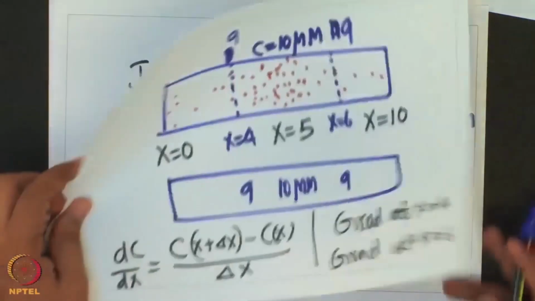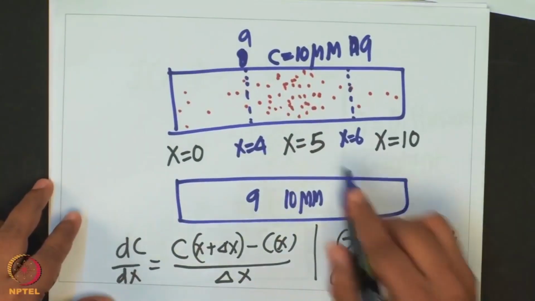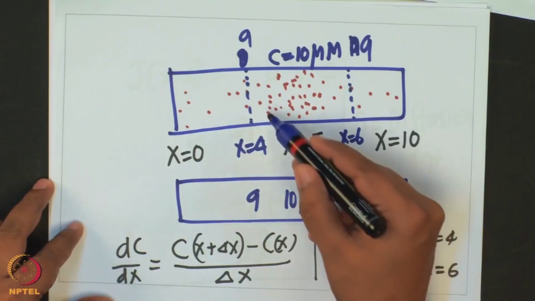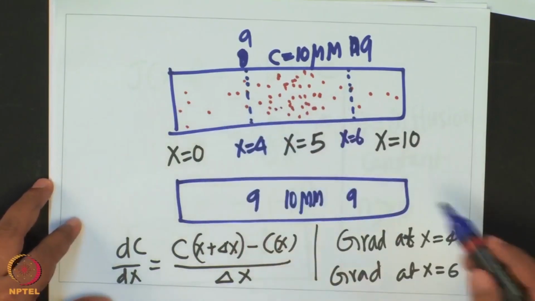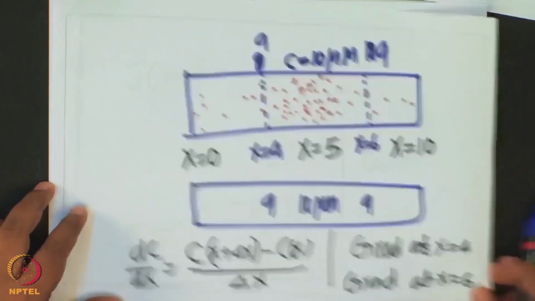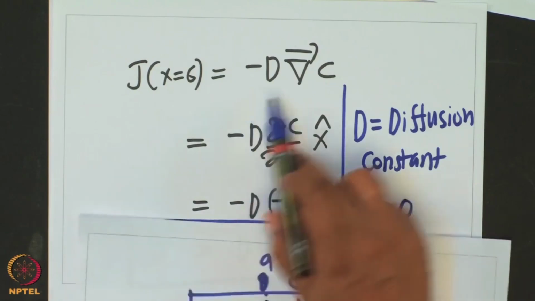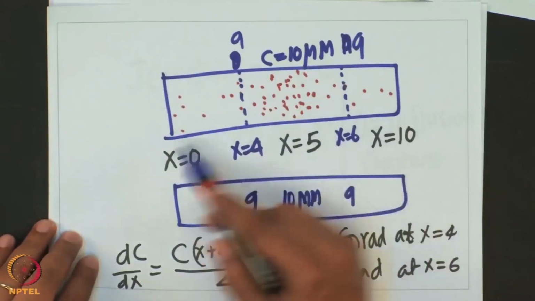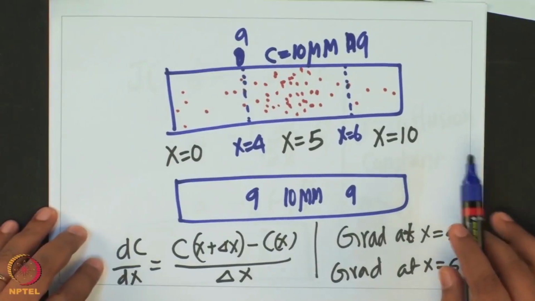So let us relook at this. At x equal to 6, j is along the plus, and at x equal to 4, the j is along this. So once we redo this, we will understand that the formula j is equal to minus d del C can describe this flow and this flow with appropriate direction, and that is the key in understanding the direction of flow, and this can now be represented as a vector.